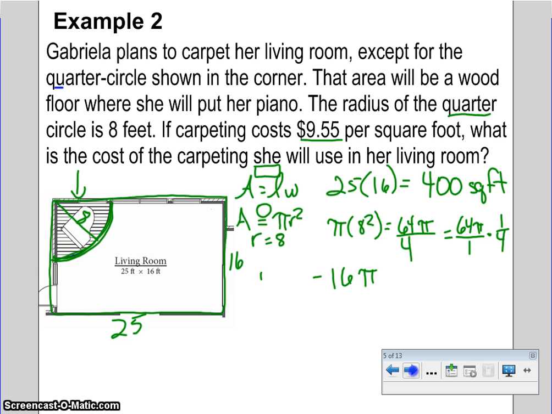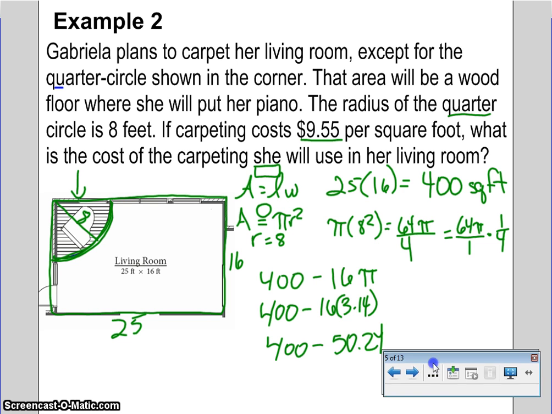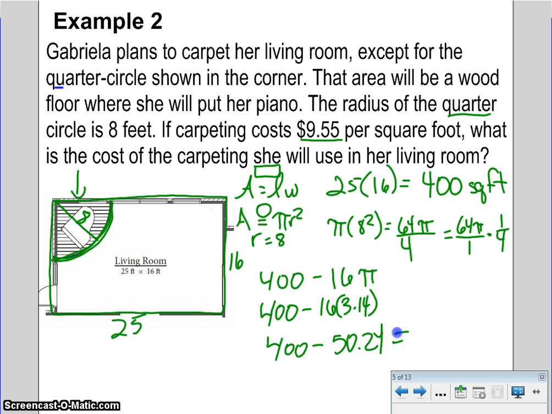So I'm ending up with 400 minus 16 pi. Pi is represented by 3.14, so it's 16 times 3.14, which gives me 400 minus 50.24. When I subtract that, I get a total of 349.76 square feet.